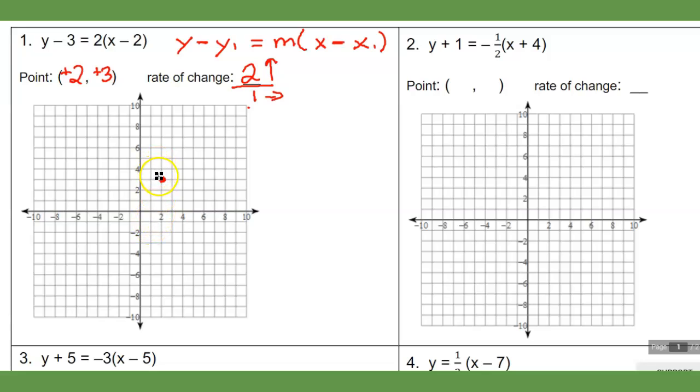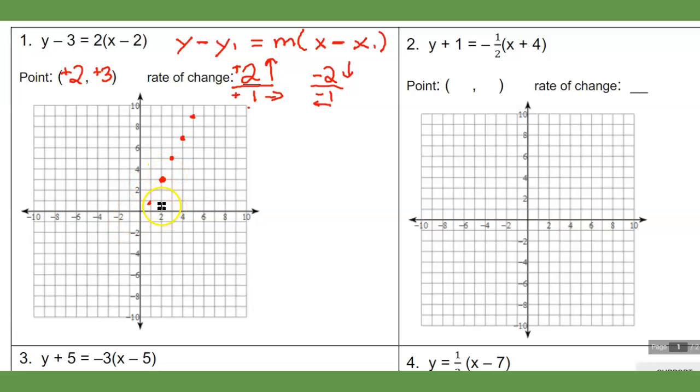Okay, so we go up 2 over 1. And of course, positive 2 over positive 1 is the same as negative 2 over negative 1, because that does equal positive 2 as well, right? So we can also go down and left.